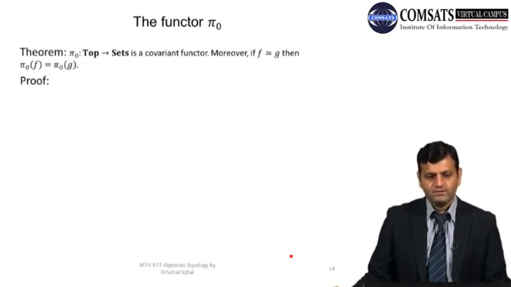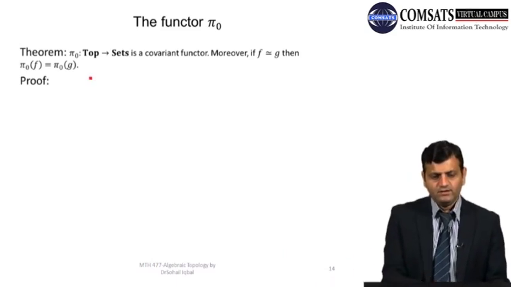So the functor pi naught from the category Top to the category Sets is a covariant functor. Moreover, if f is homotopic to g, then pi naught of f is equal to pi naught of g.